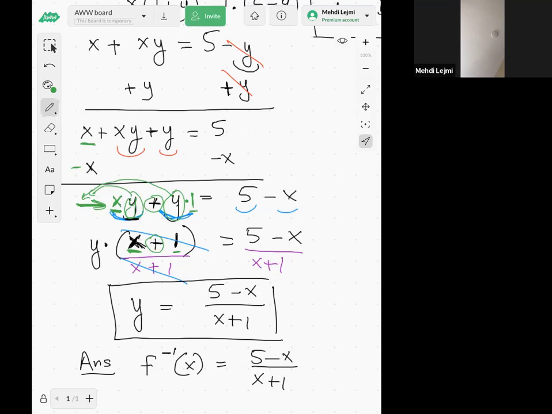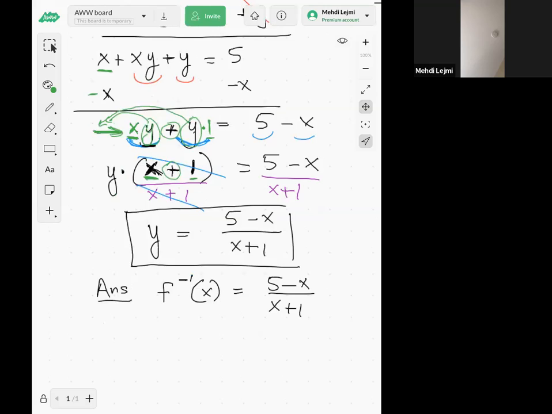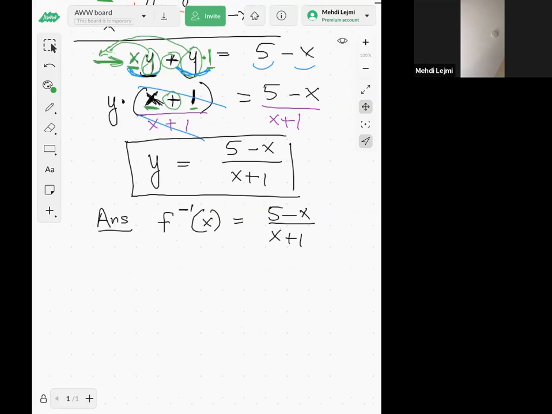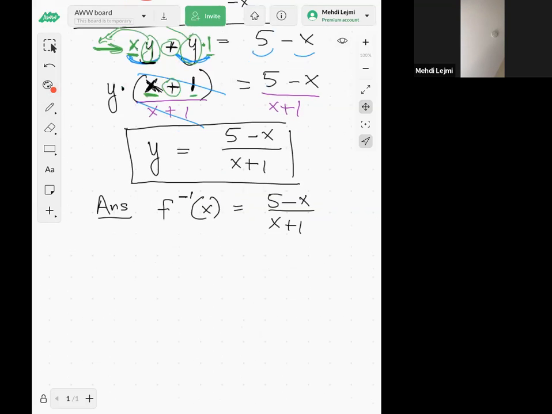Sometimes it's just impossible to solve for y. So this is a remark: we cannot always solve for y.